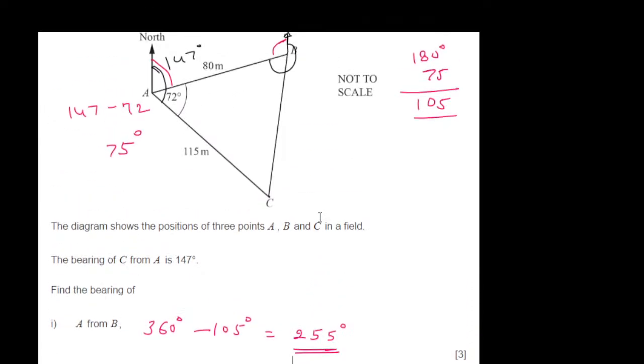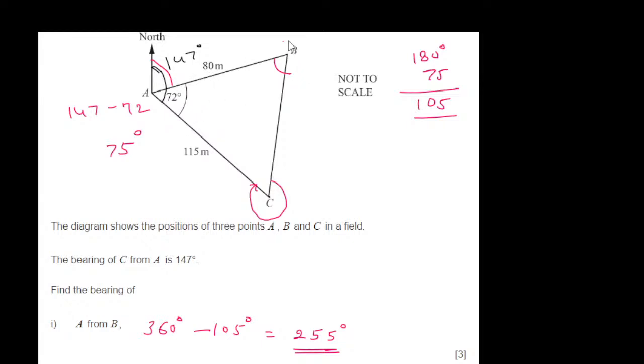Now bearing of B from C. So bearing of B from C, that means I have to work out this particular angle. What is this particular angle? Okay, so can I work out this particular angle? Now let me see. This is for 2 marks. Here it is 72 degree. This angle is 72 degree.